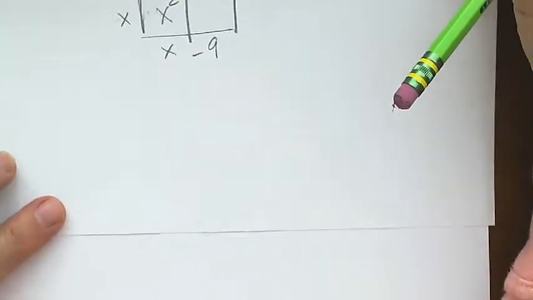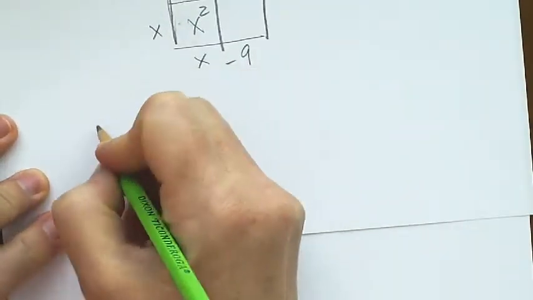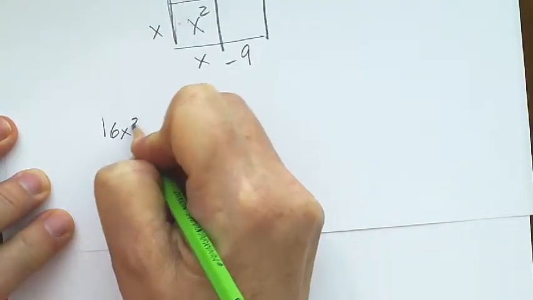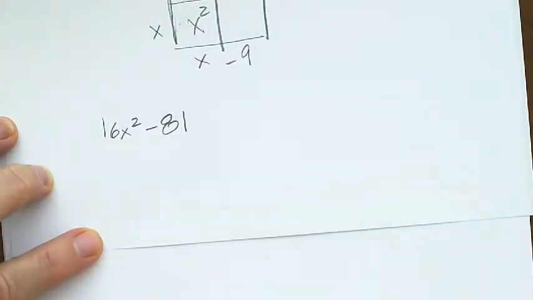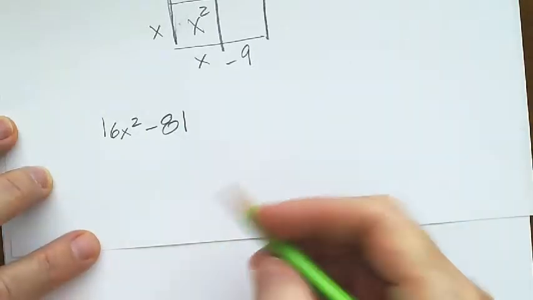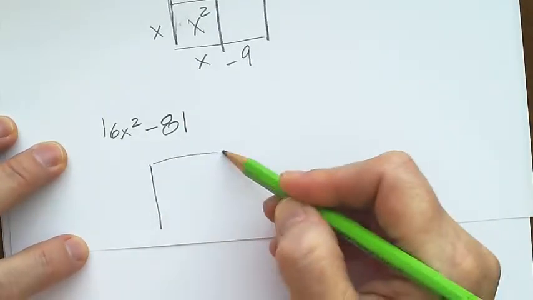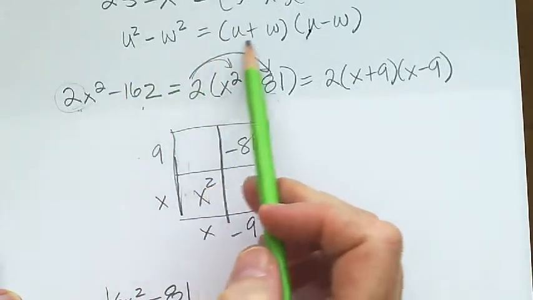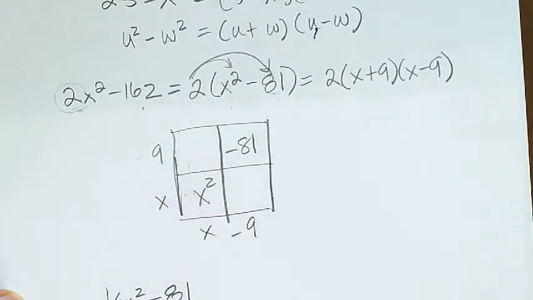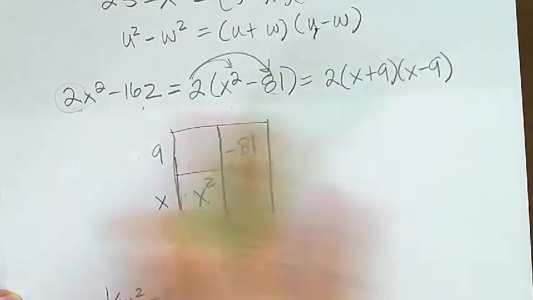Okay, the next example is actually just a difference of two squares. There is no common factor. There's nothing that goes into 16 and 81. So I'm just going to factor this using this template right here. u squared minus w squared equals u plus w times u minus w.